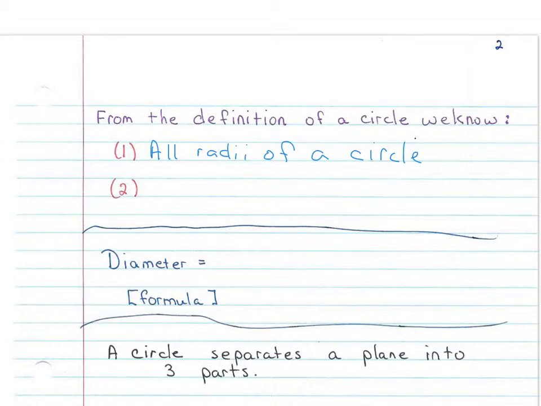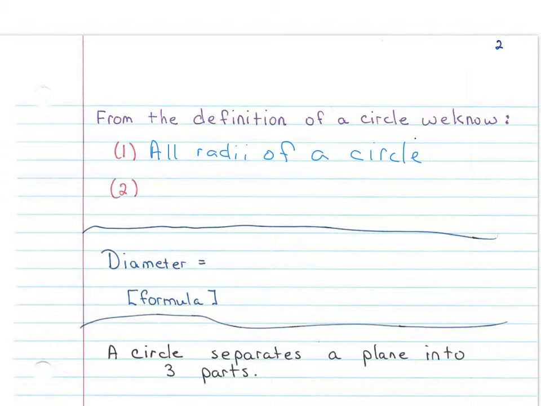The radius is from the center point to the other side. Okay, that's a definition of a radius, but what could you conclude about all the radii of a circle? What's the definition of a circle? A given distance from a fixed point called the center.